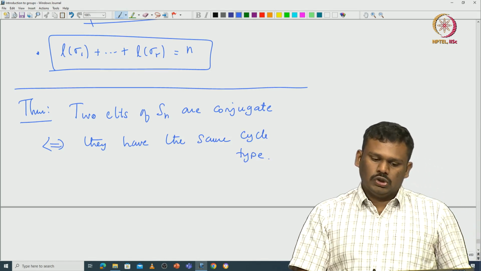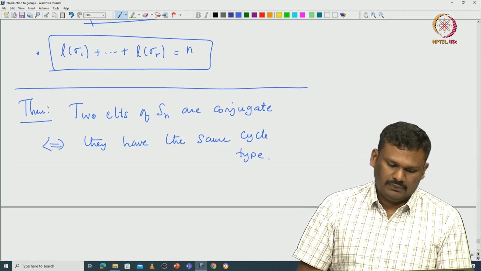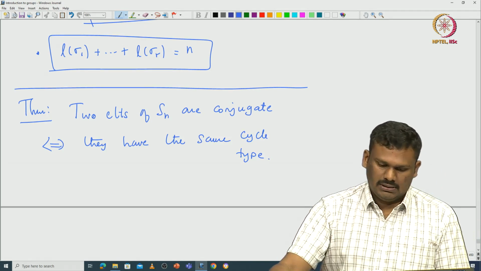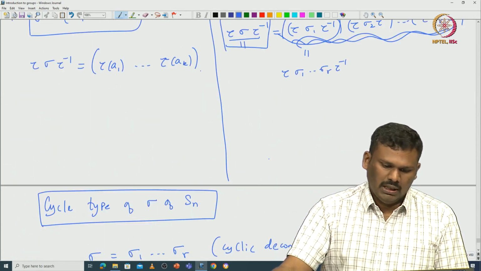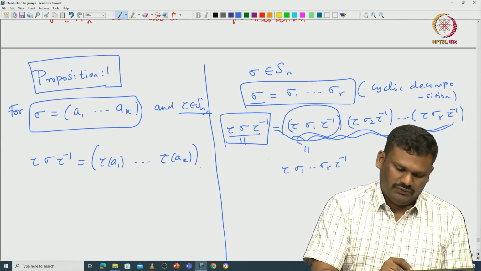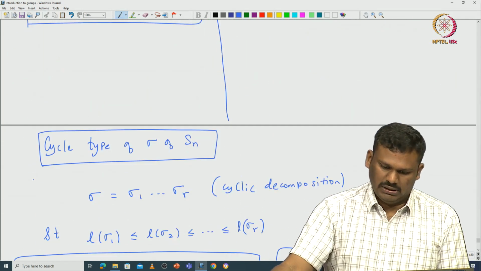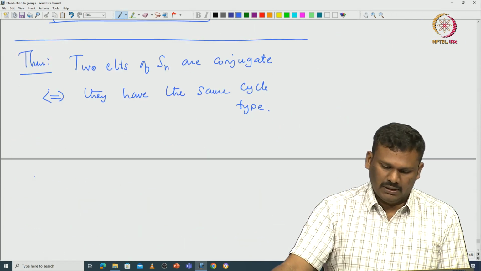One way is proved using this proposition, and we will also prove the converse. We need to first verify why this is true, and then we will be done with the proposition.